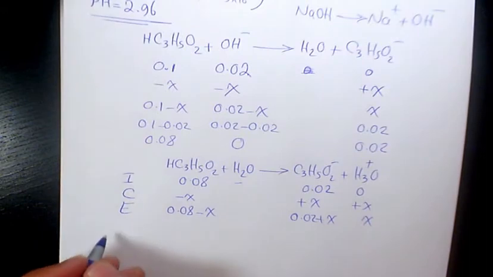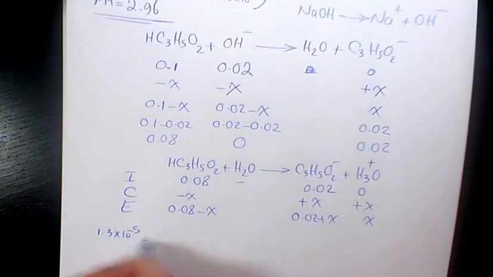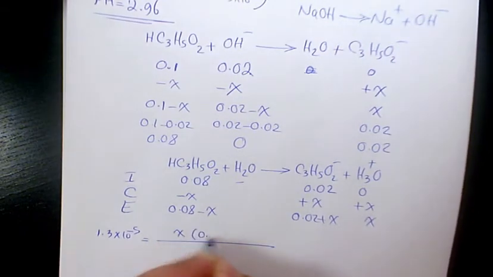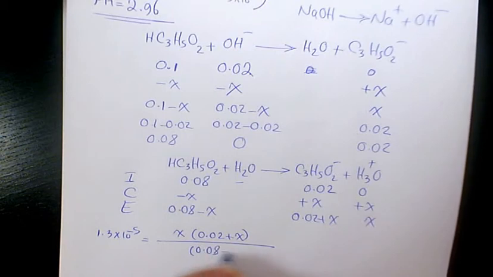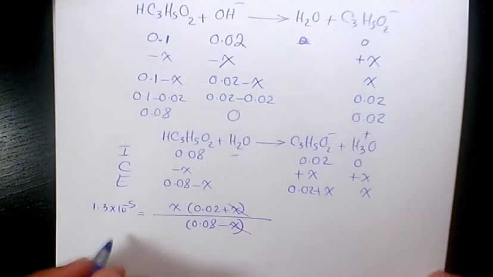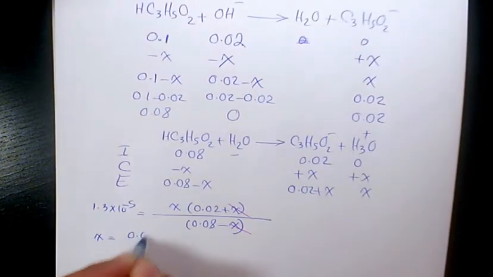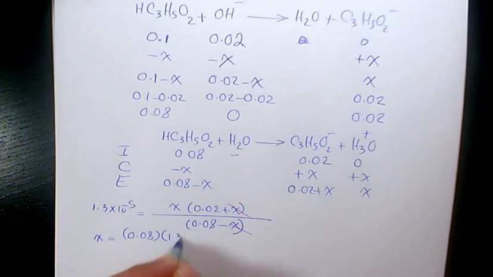So Ka, which is 1.3 times 10 to the power of negative 5, equals x times 0.02 plus x divided by 0.08 minus x. So these two cancel out. So x will be 0.08 times 1.3 times 10 to the power of negative 5 divided by 0.02.